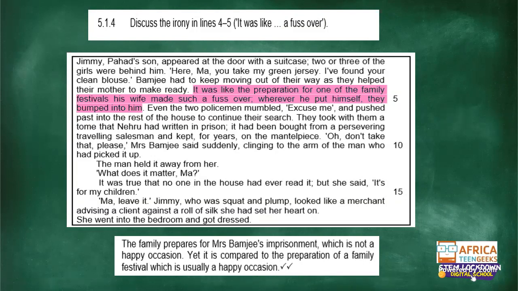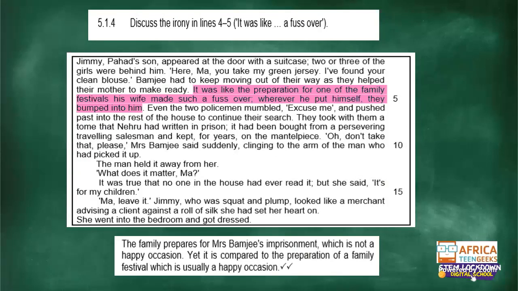So this person is saying it was like the preparation for one of the family festivals. When you don't know the entire story, you would think that it was a happy day. But once you read what is happening, you realize that it is actually a very, very sad occasion, because the family is preparing for this person's imprisonment.